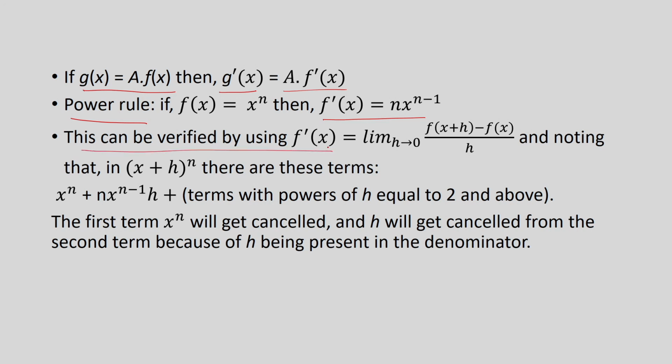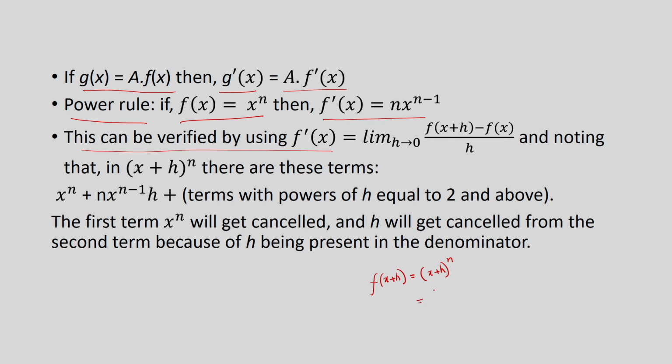We can verify this by again using the definition of derivative, which is the limit as h goes to 0 of f(x plus h) minus f(x) divided by h. Now, in this case, what is f(x plus h)? It should be this, because f(x) is equal to x to the power n. So, f(x plus h) should be equal to (x plus h) to the power n.